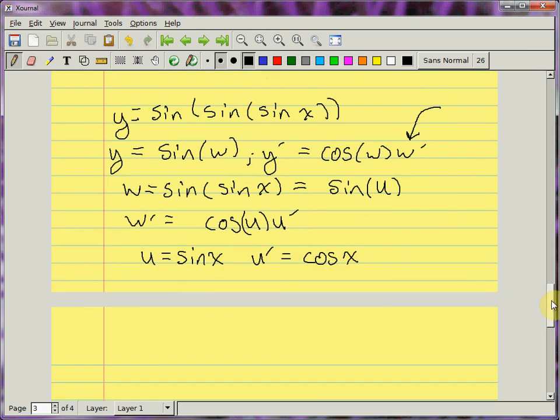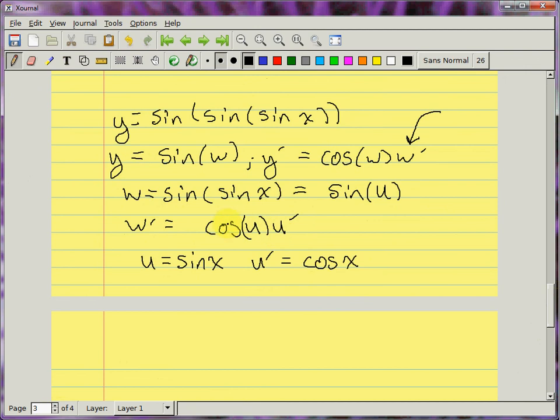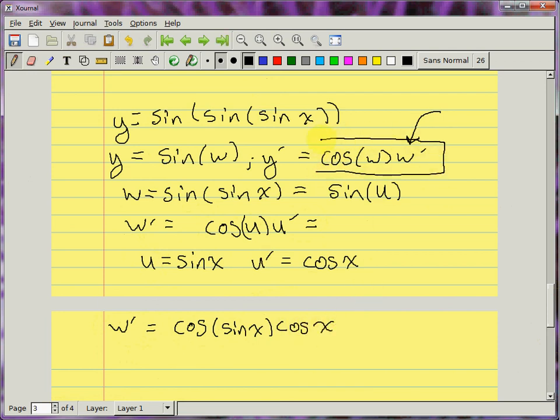Now what I have to do is carefully reassemble everything. So what is w prime going to be equal to in terms of x? w prime is going to be equal to cosine of u, which is sine x, times u prime, which is cosine x. Okay, so that's w prime, and now I'm ready to go back here and finally deliver the goods and write the real final answer.